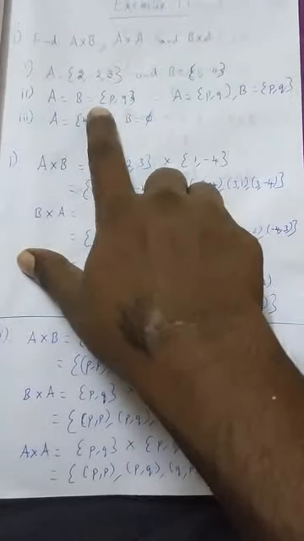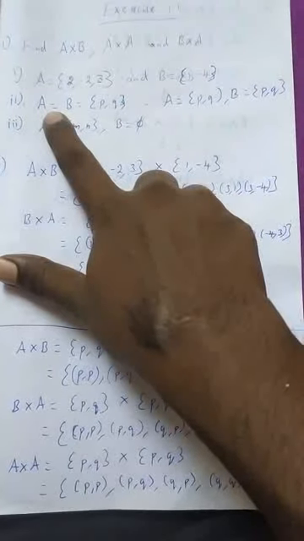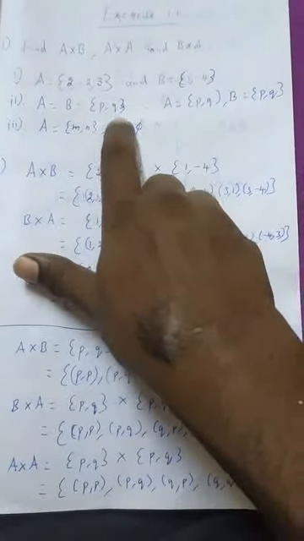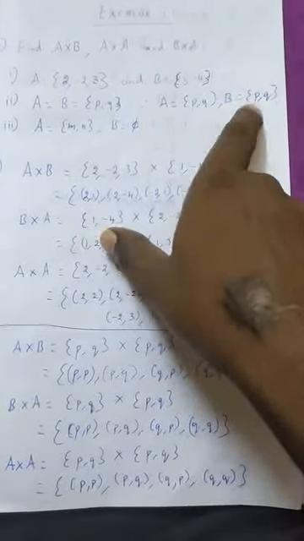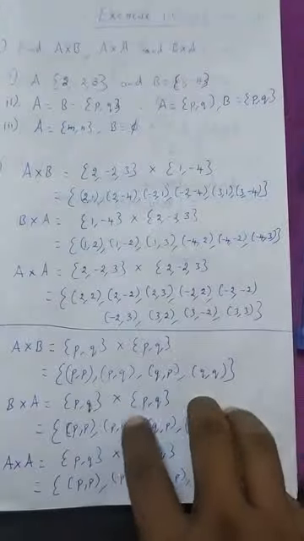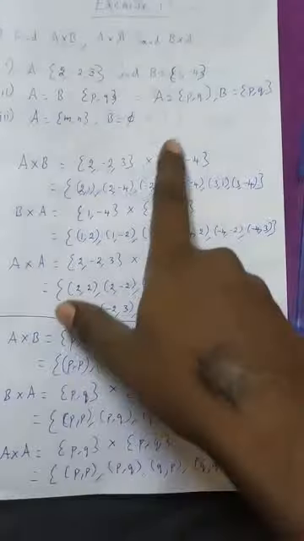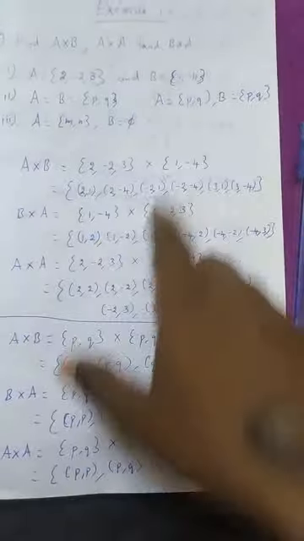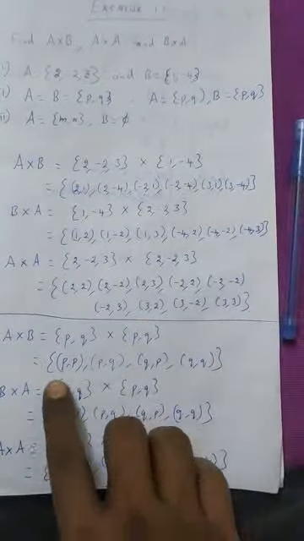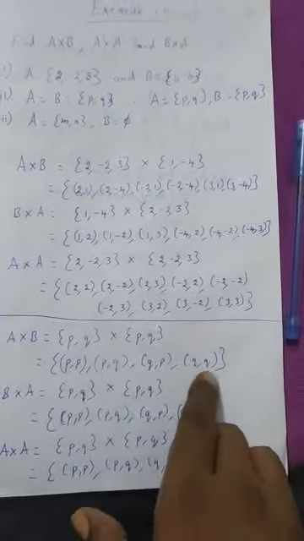The next one is A is equal to B is equal to {p, q}, which means both the values of sets A and B are {p, q}. Now we have to find A cross B, A cross A, B cross A. For A cross B, A is {p, q} cross B also {p, q}. The Cartesian product is (p,p), (p,q), (q,p), (q,q). That's all.